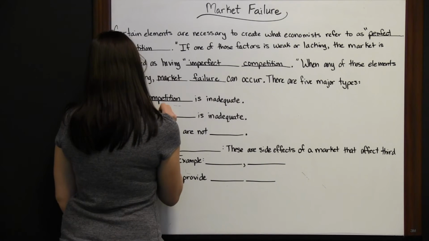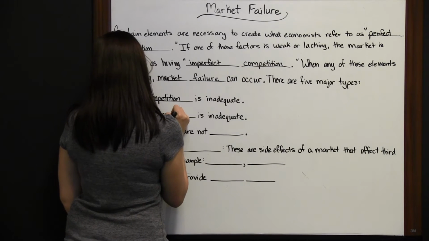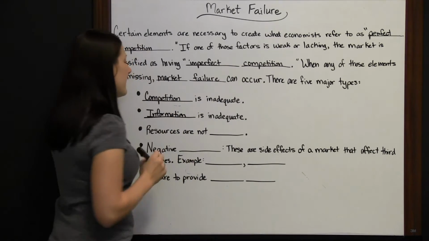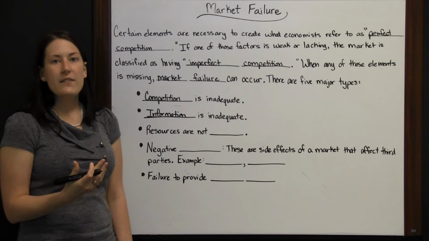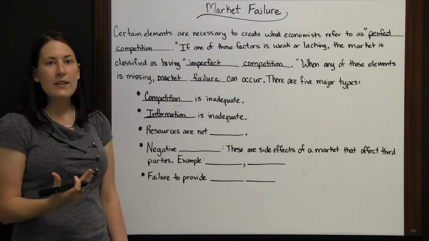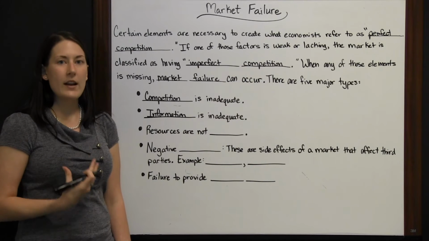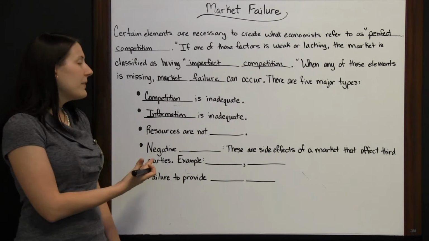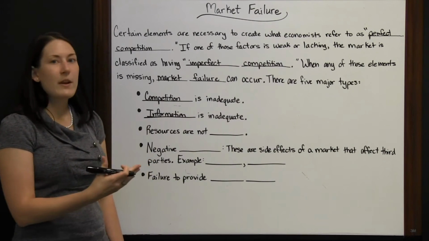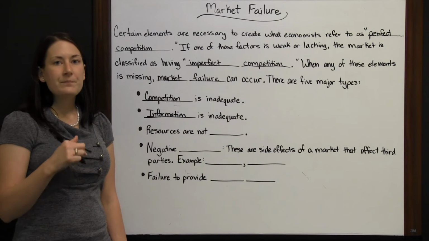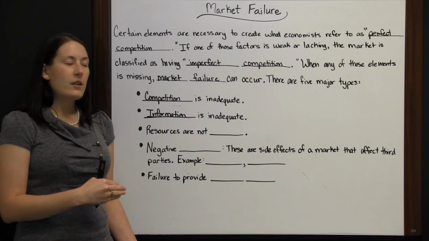Next, we have information is inadequate. A good example of that is with cigarettes. If the cigarette companies didn't tell people that smoking was bad, that it could lead to lung cancer, that it had lots of chemicals in it that were unhealthy for you, then whenever people found out that information, they're going to stop buying it.